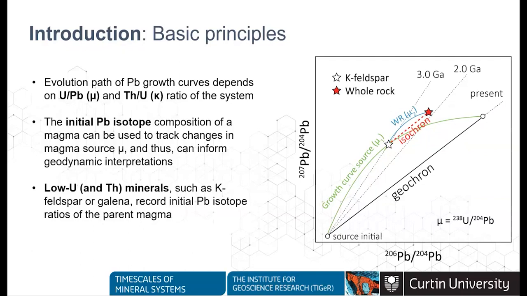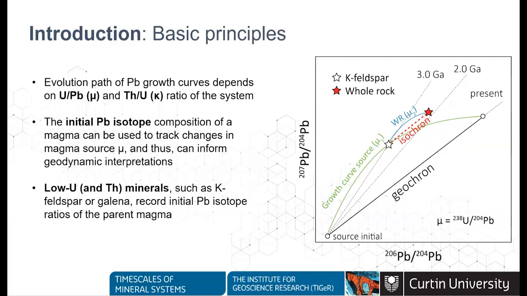So unlike the whole rock system, for example, whose lead isotopic composition is going to change over time due to radiogenic ingrowth, minerals like K-feldspar will capture the initial lead isotopic composition of their parent magma at the time of crystallization.